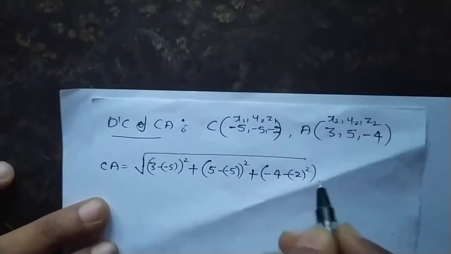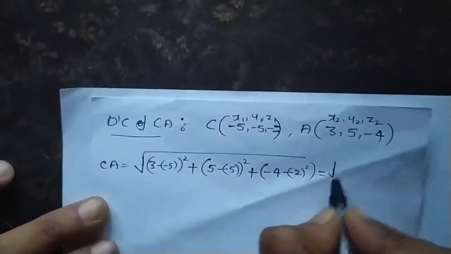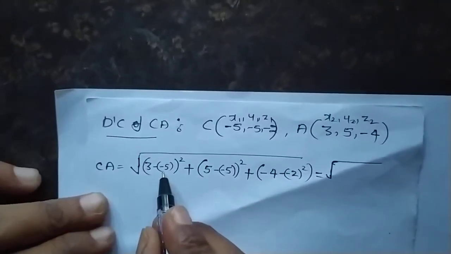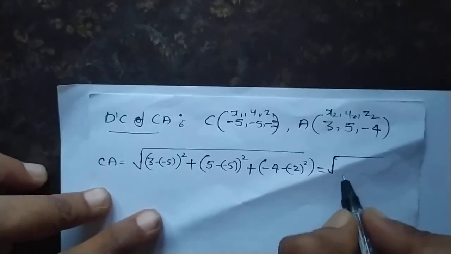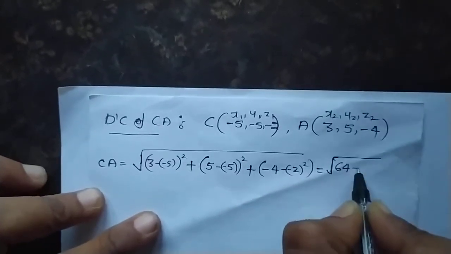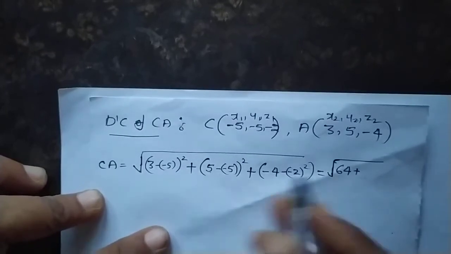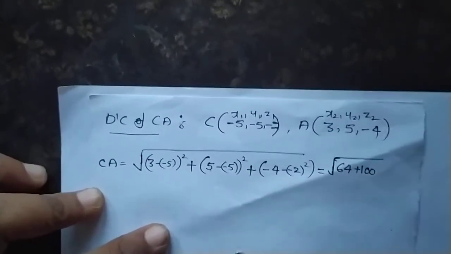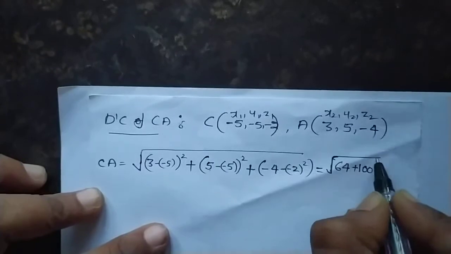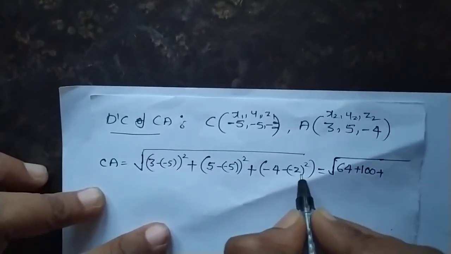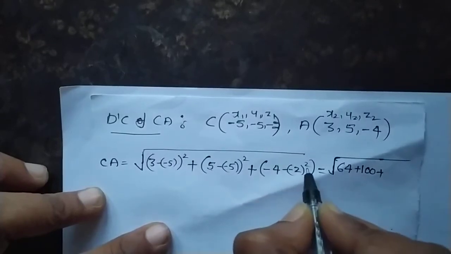That is equal to the square root of, 3 minus of minus 5 is 3 plus 5, which is 8. 8 square is 64. 64 plus, 5 minus of minus 5 is 5 plus 5, which is 10. 10 square is 100. Plus, minus 4 minus of minus 2 whole square.